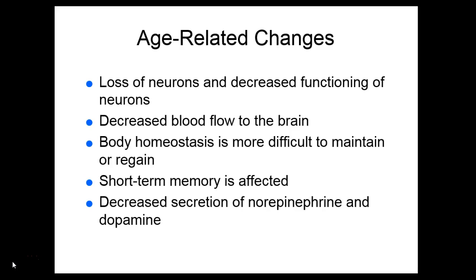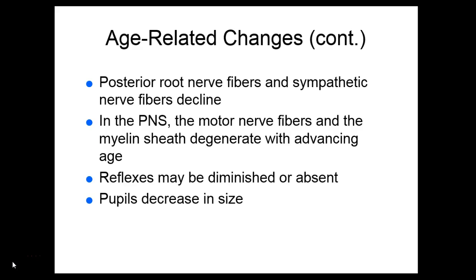Short-term memory is affected, and there's a decreased secretion of the neurotransmitters norepinephrine and dopamine. Posterior root nerve fibers and sympathetic nerve fibers decline, and in the peripheral nervous system, the motor nerve fibers and the myelin sheath degenerate with advancing age.